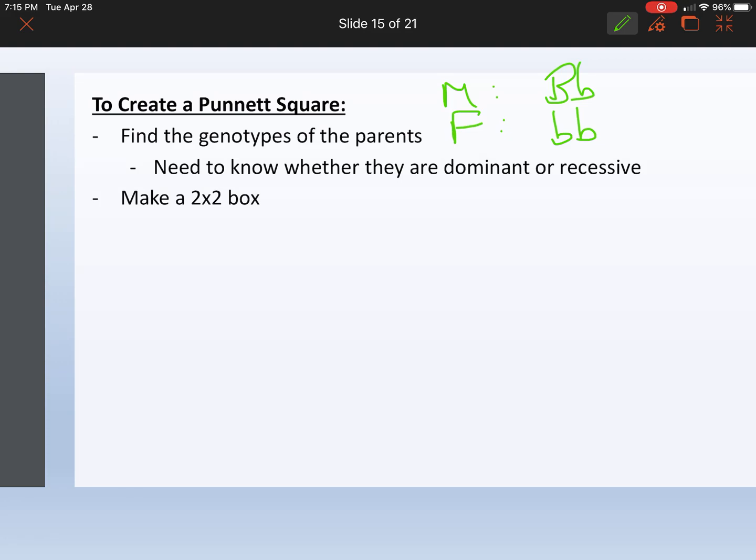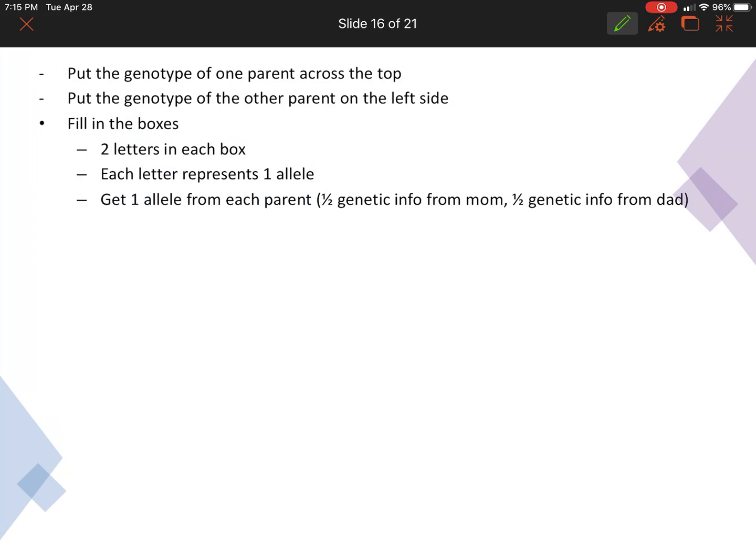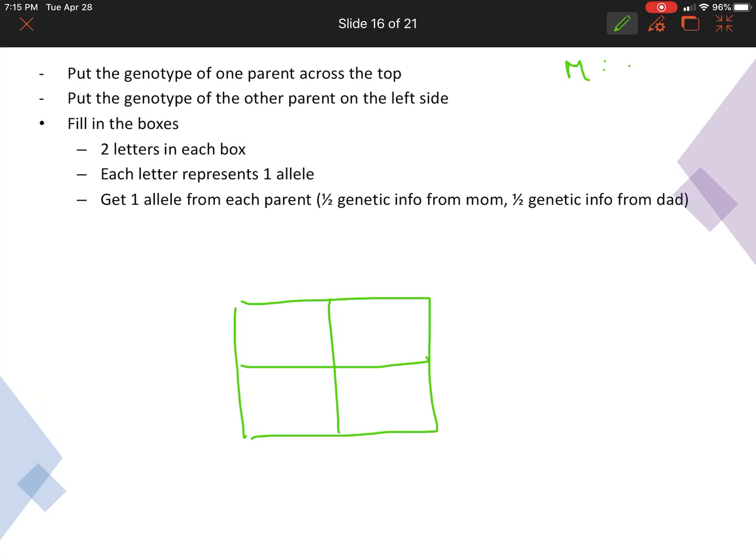Your first step is going to be to make a 2x2 box. So you're going to make a box like this. Okay, so a 2x2 box. Now, I'm going to recopy my box here. Again, the mother is this, the father is this.